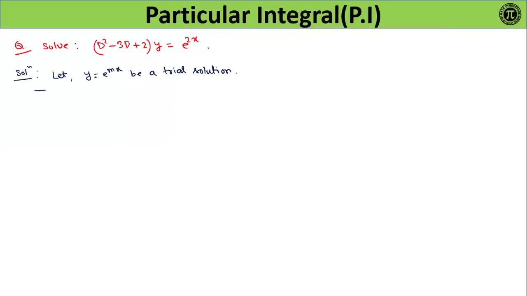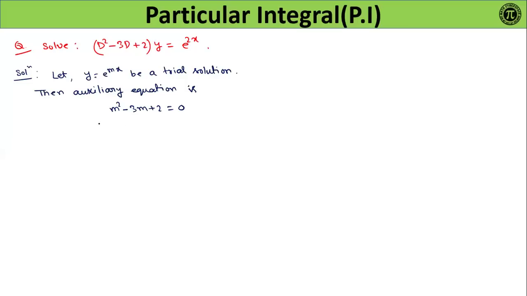Then the auxiliary equation is m square minus 3m plus 2 equals 0.